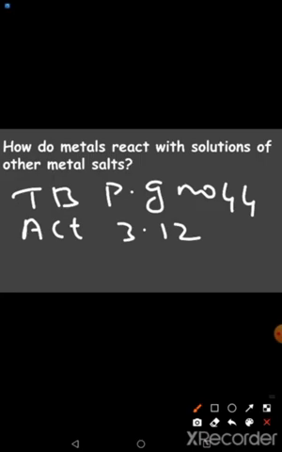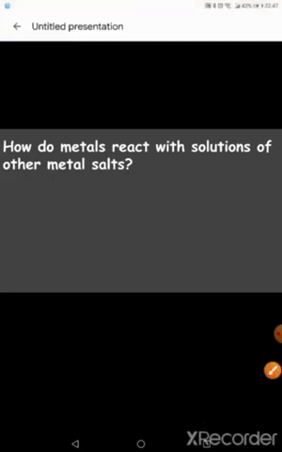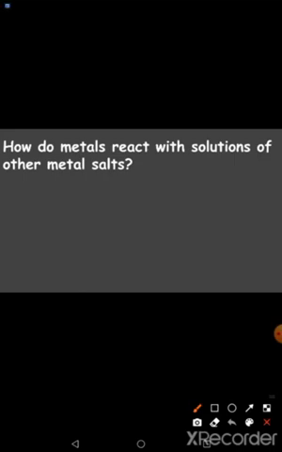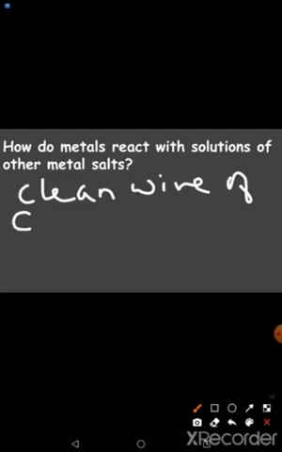They have said you have to take a clean wire of copper. These are the materials you require: a clean wire of copper, an iron nail, and then you have to put this copper wire in iron sulfate solution and your iron nail in copper sulfate solution by taking them in 2 test tubes.